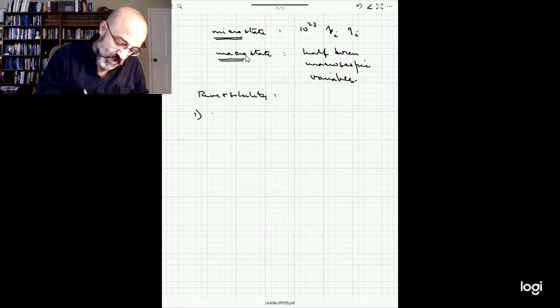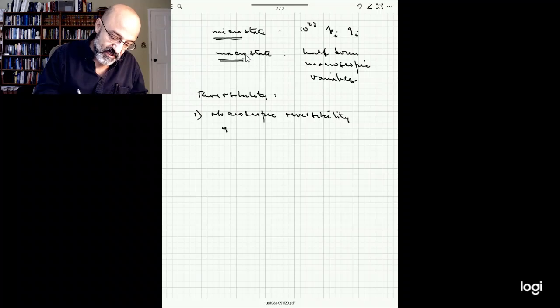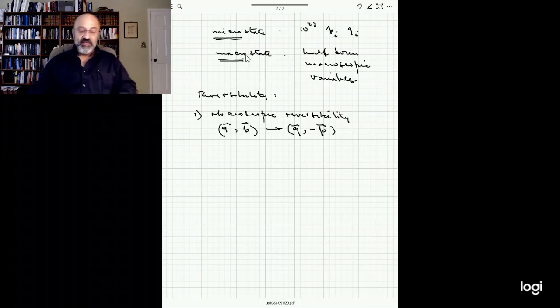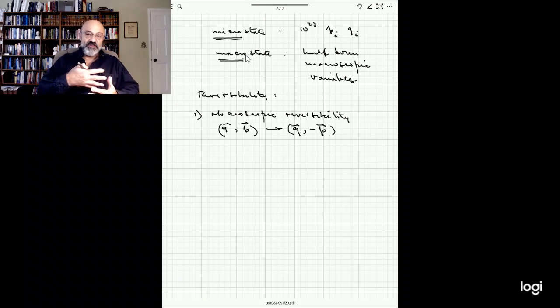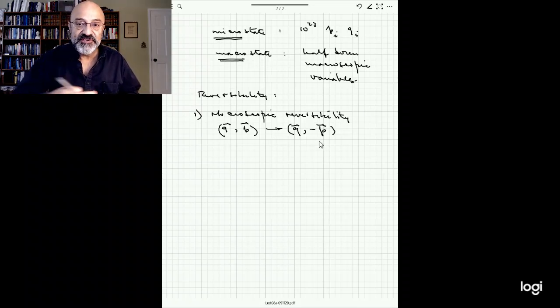One is what's called microscopic reversibility, which amounts to taking the coordinates and the momenta and keeping the same coordinates, and you flip the momenta. So if these are vectors, you keep the positions the same and you just flip the direction of the momenta. So when you perform this transformation, you reverse the motion.